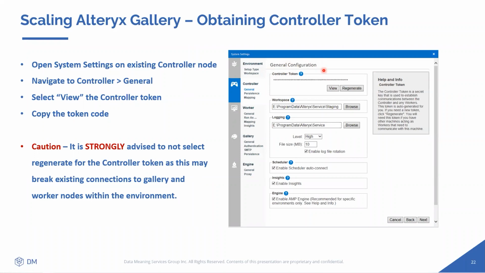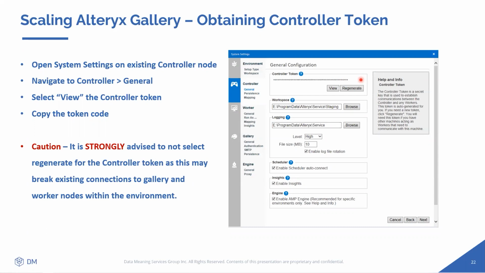So that's why we have here a very large text in red: it's not advised for you to regenerate your controller token. That can break everything, all the communications between your controller and all the components that you may have, okay? So that's one thing that you always need to be aware of when using that controller token or sharing it with a specific user.